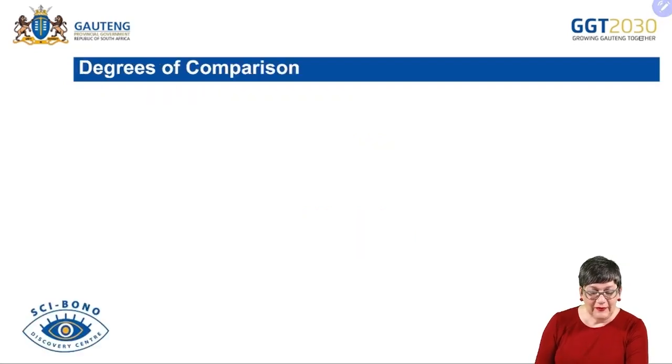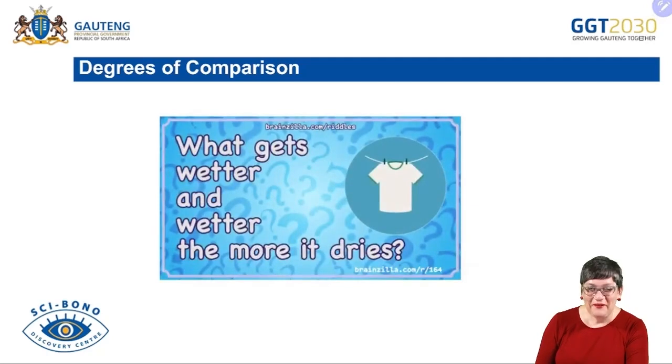Right. Now, one thing you have to remember about adjectives and adverbs is that there are degrees of comparison. And this is one way we can figure out that they are an adjective. Now, I found a cute little joke for you. So let's see if you know the answer.